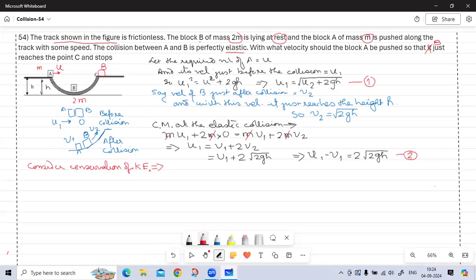When we consider conservation of kinetic energy, then kinetic energy just before collision, the first body is half, first body's mass is m, and its velocity was u1 square, plus half mass 2m, and its velocity was 0, will be equal to, after collision, half m v1 square plus half 2m v2 square.